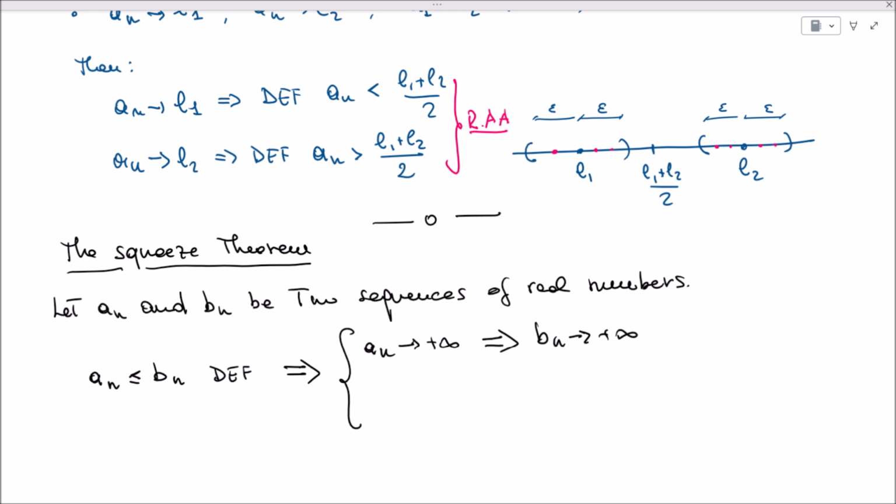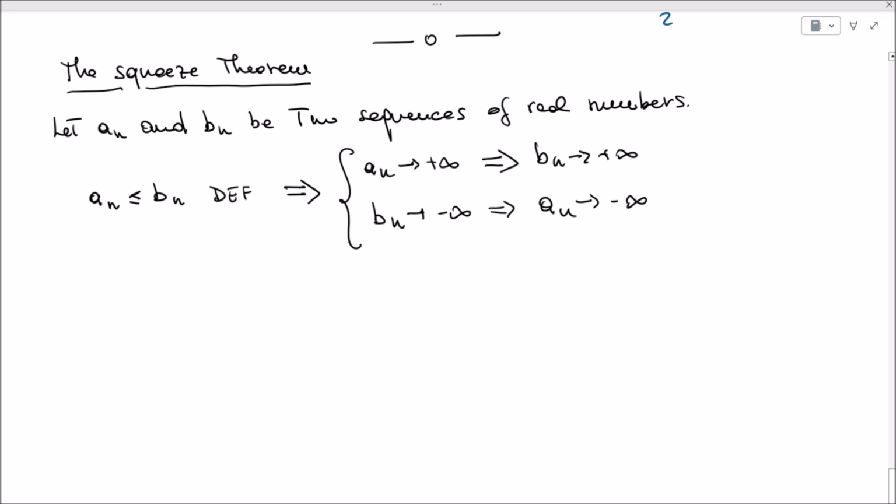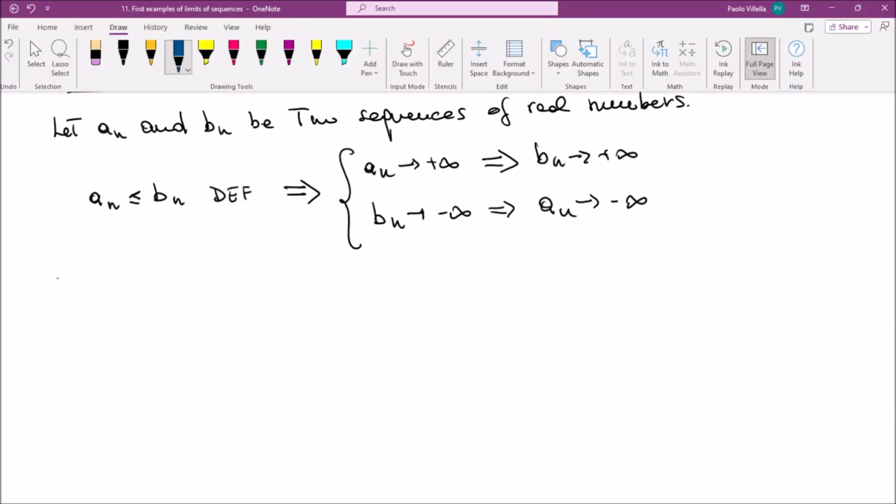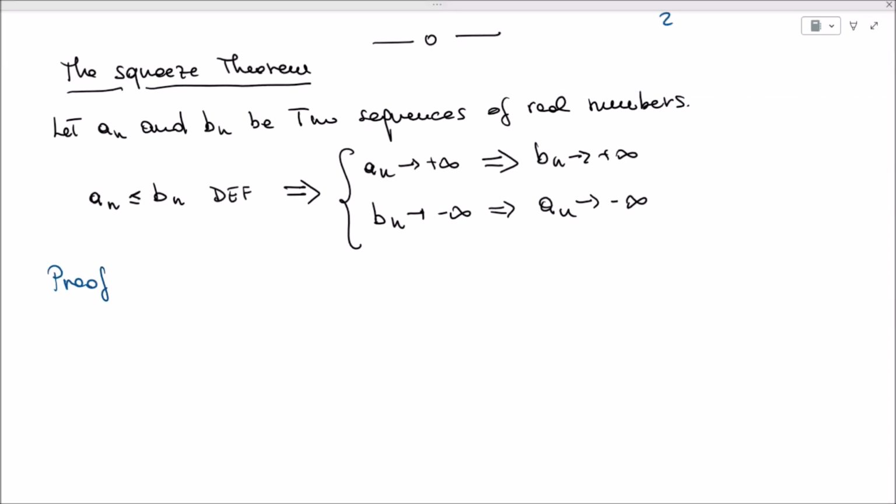On the other side, if bn is instead divergent to minus infinity, this is constraining the left sequence an to be also divergent to minus infinity. Okay, so let's give a proof of this theorem.